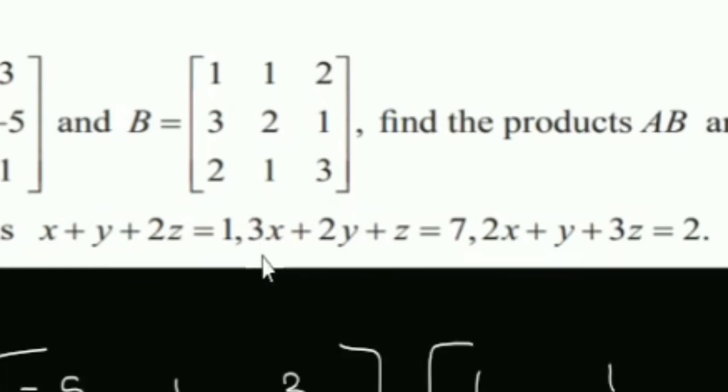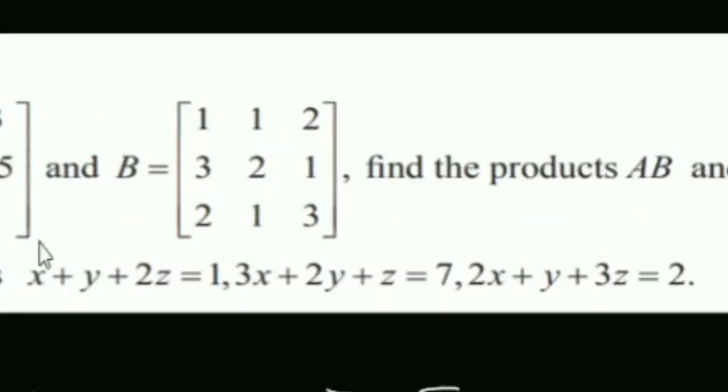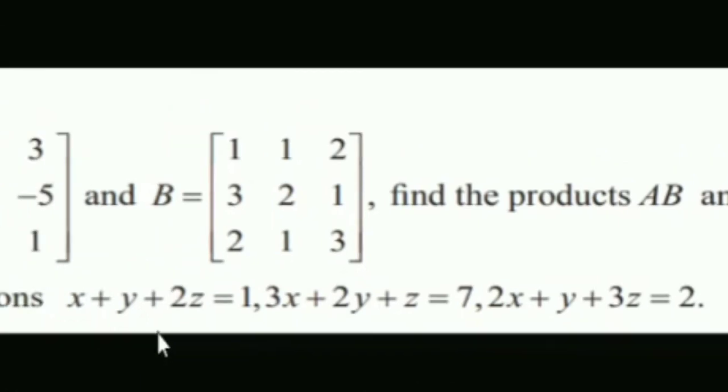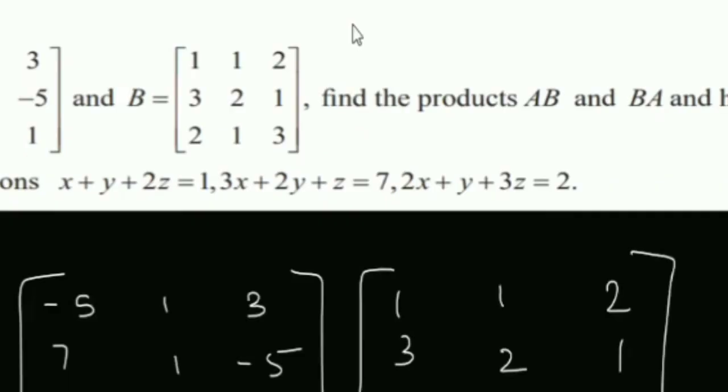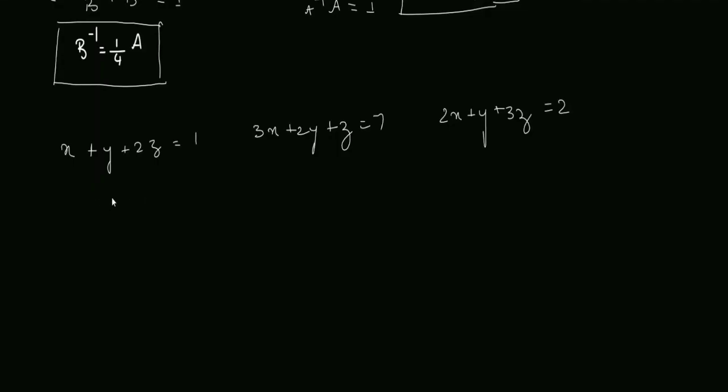What is the second equation? 3, 2, 1. Third equation, 2, 1, 3. So you can easily see the matrix B is given here. The coefficient matrix of this system of equations is nothing but the matrix B itself. So let us write the matrix form.